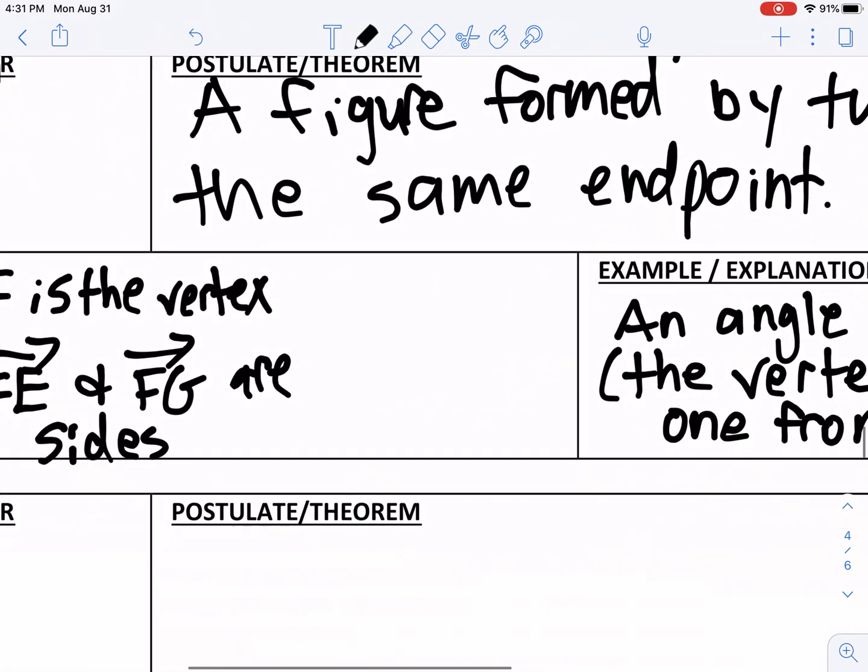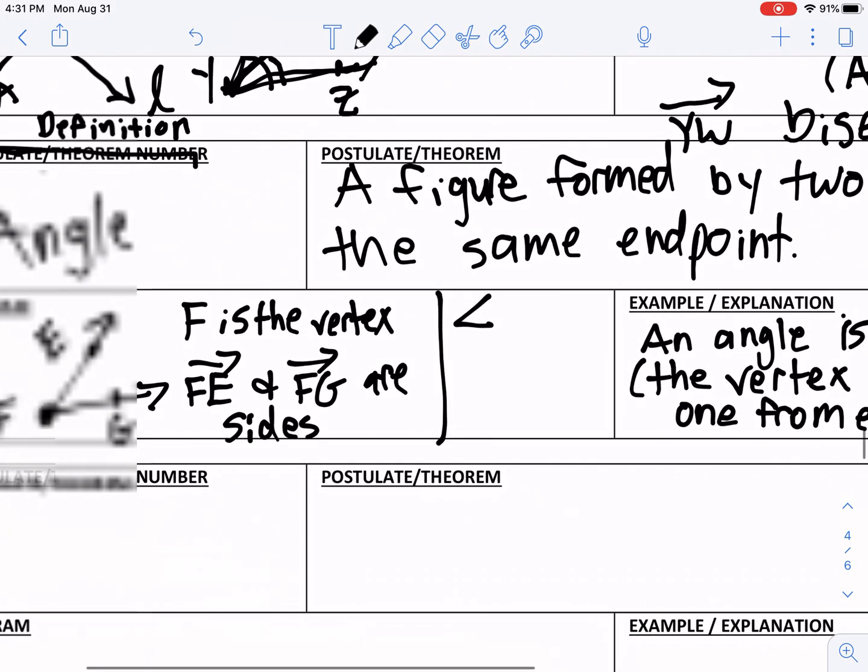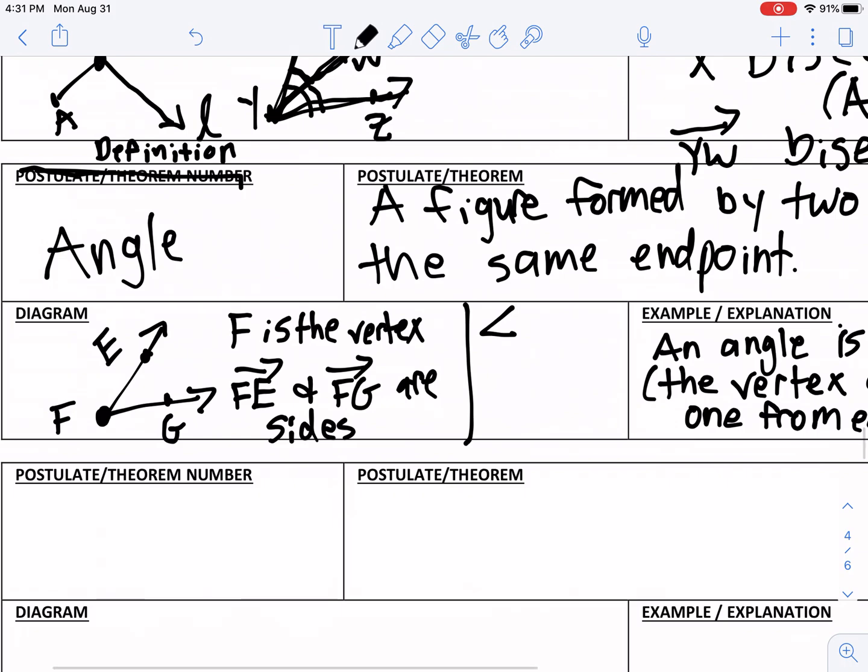There are different ways that we could name this, but the most important thing when we use three points is the vertex is always in the middle, and we use this symbol to denote an angle. So we could call our example angle EFG, where the vertex is in the middle. So I'm naming this angle E for the first point, F for my vertex, and then G for my third point.